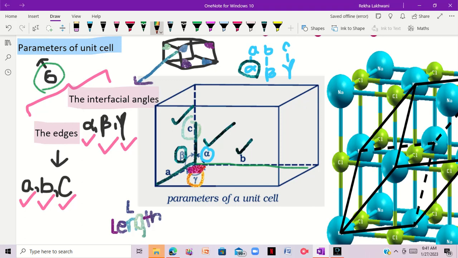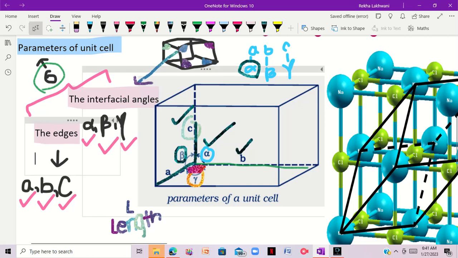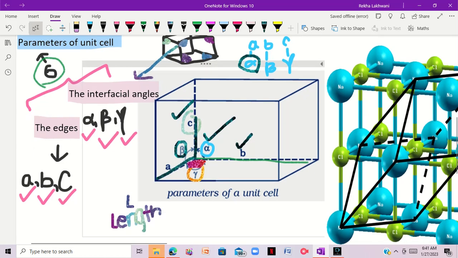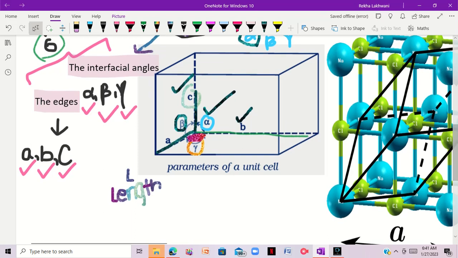Now what do these parameters actually show you? Why are we studying this? What's the purpose? The purpose of studying the parameters is that they tell us the geometry. Where should I write? I don't have space. Okay, here.